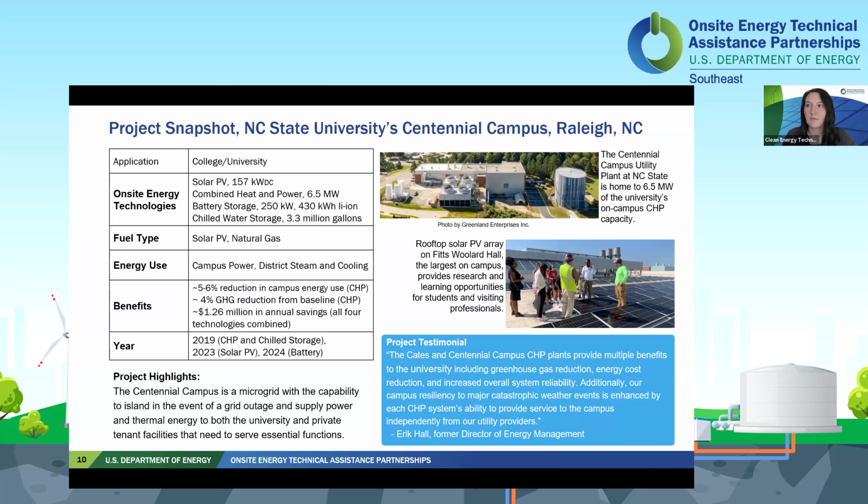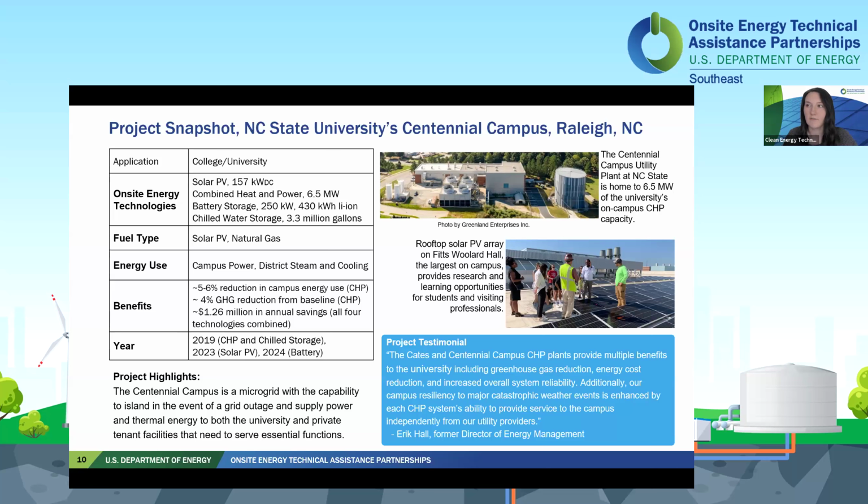We also have a combined heat and power system with a capacity of 6.5 megawatts. And we've also got a battery storage system that can provide 250 kilowatts of power and store 430 kilowatt hours of electricity with a lithium ion battery.